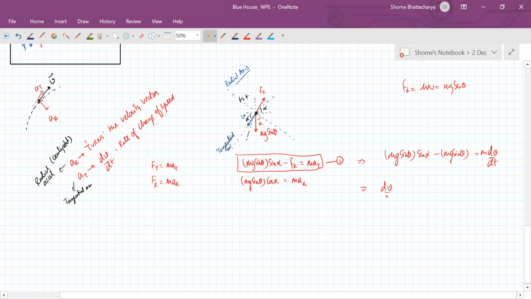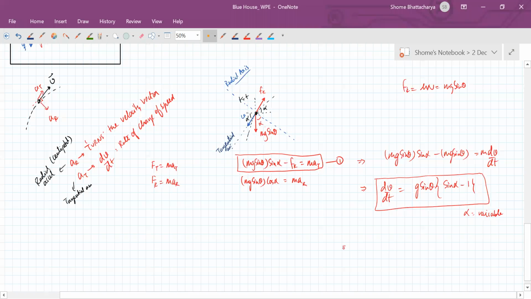So dv by dt is becoming g sine theta into this factor, sine alpha minus 1, where alpha is a variable quantity and that angle alpha is continuously changing.